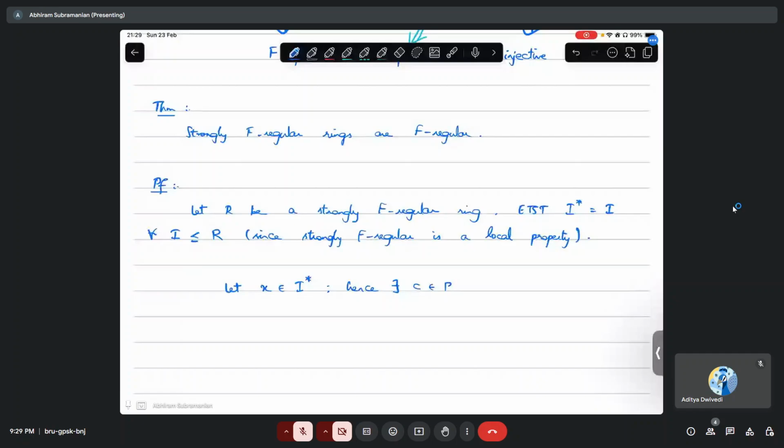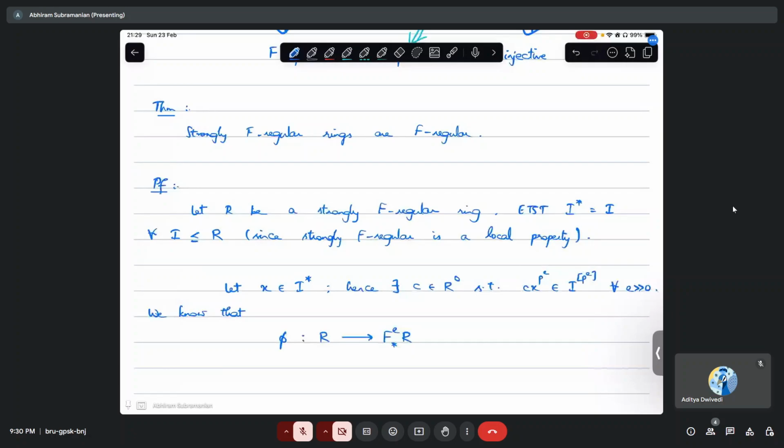Now we know that the map phi, which is from R to Fe star R, which sends 1 to Fe star c, splits. We know that for all e large enough, this map splits. So why is this useful?